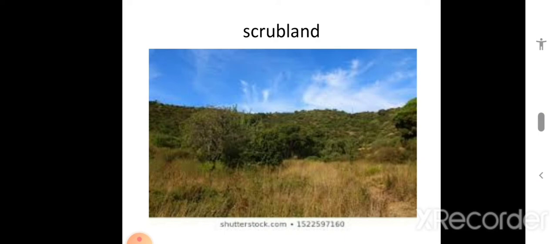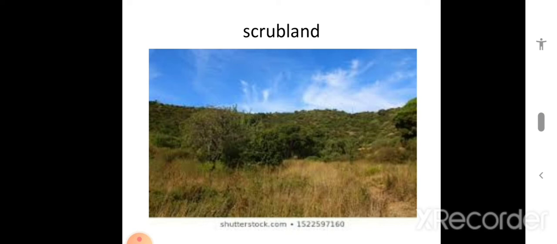That is why it's known as tropical thorn forest. They are found in the desert area. In India, you know where we can see the desert. We can see this thorn forest in the northwestern part of the country, namely the Thar desert in Rajasthan. This desert extends into Pakistan.